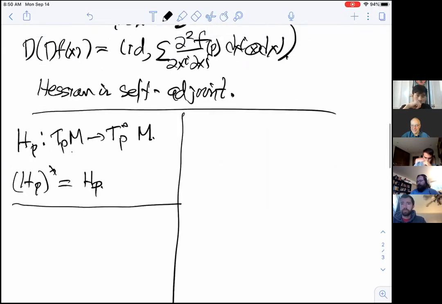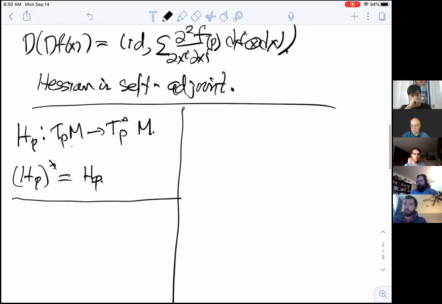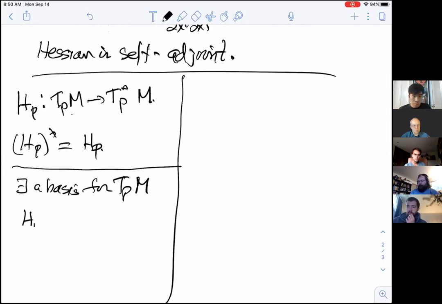Now, any quadratic form, or symmetric form, on a finite dimensional real vector space can be diagonalized. So there exists a basis for Tm, maybe not the one coming from the original coordinate system, but there is a basis so that the Hessian H of P of F is given by a diagonal matrix.